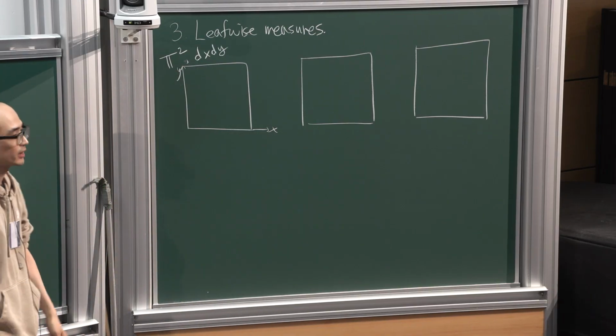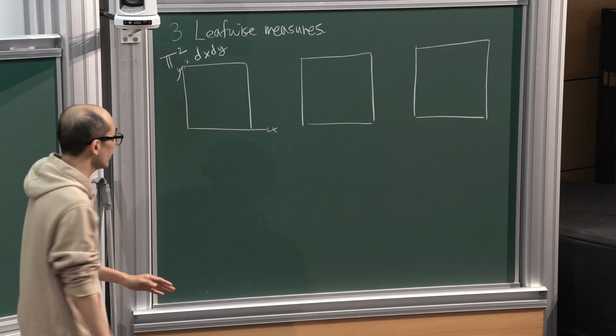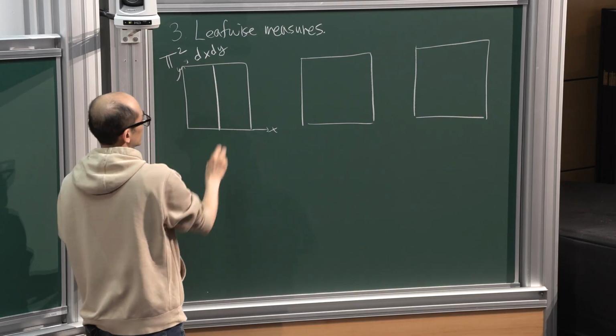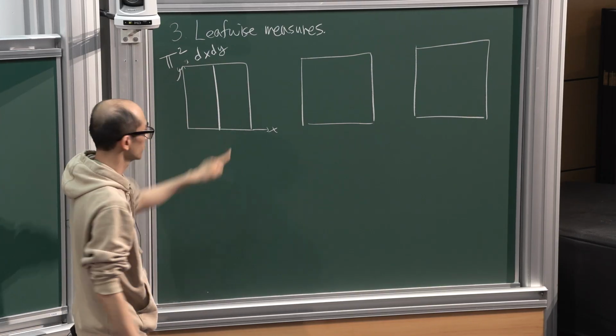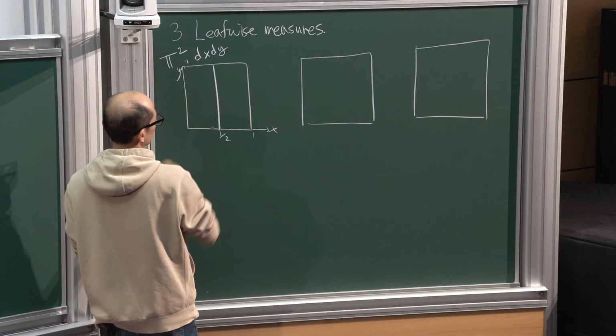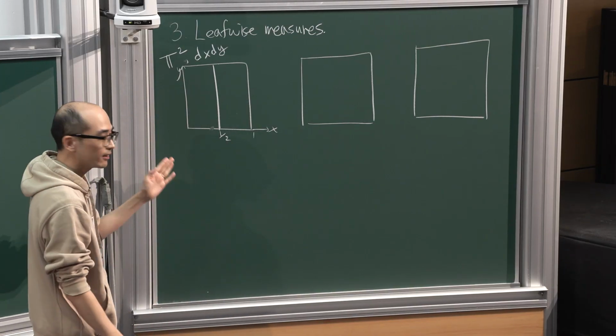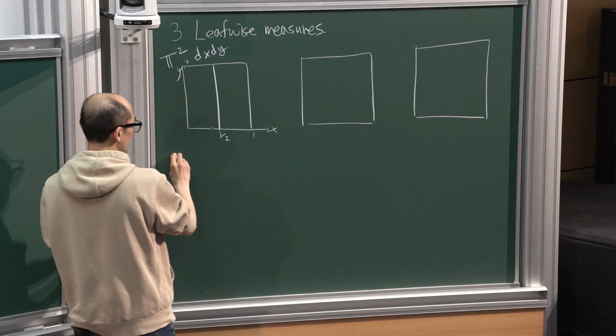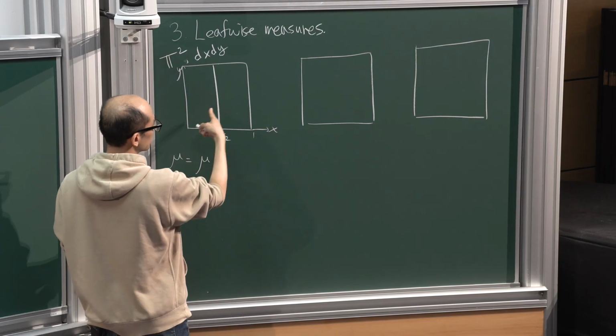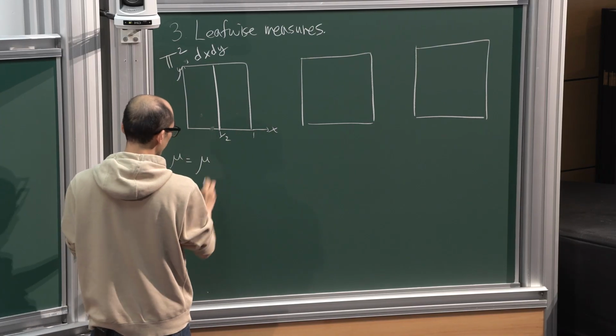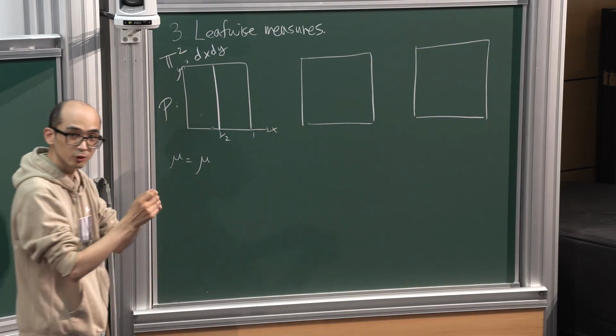I have dx dy, which is the Lebesgue measure here. If I divide my torus into 2 pieces, half and half, then let's say this is a partition P, given by these 2 pieces.